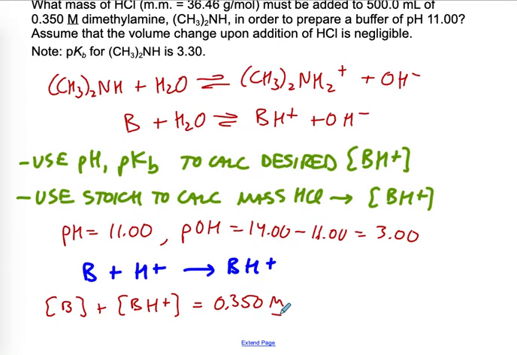And if the volume of the solution is not changing, then we are assuming that the sum of the concentrations will always be 0.350 molar, and that our volume is 500.0 milliliters. Okay? Well, ultimately, we need to find the concentration of the dimethylammonium ion, BH+. That will give us our desired pH.